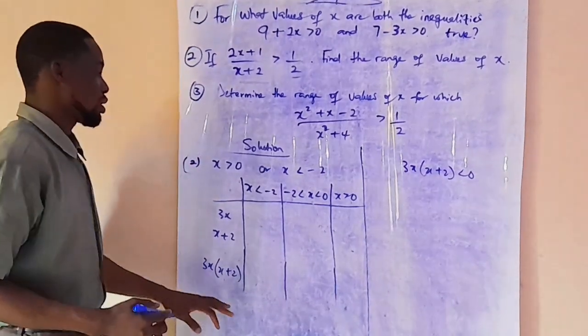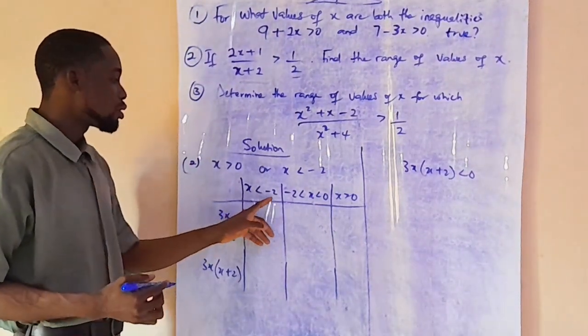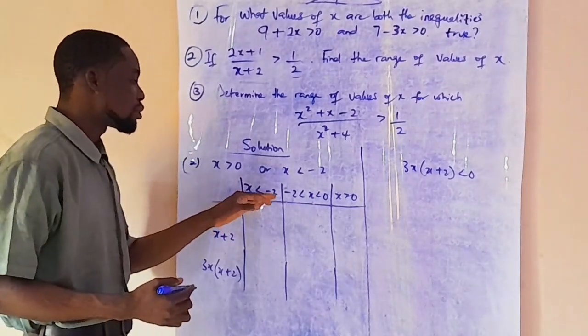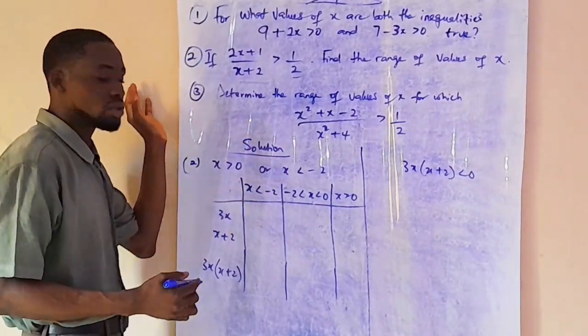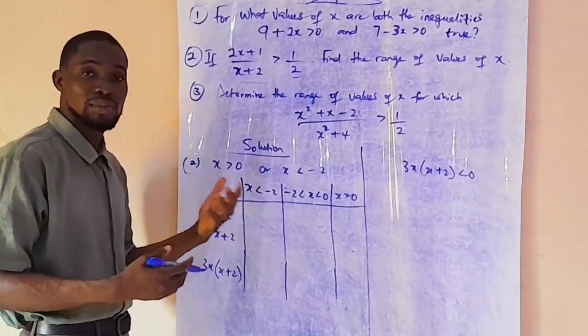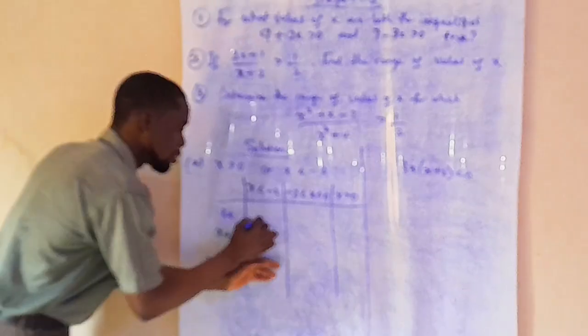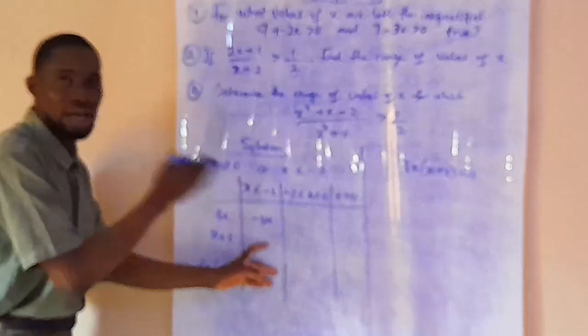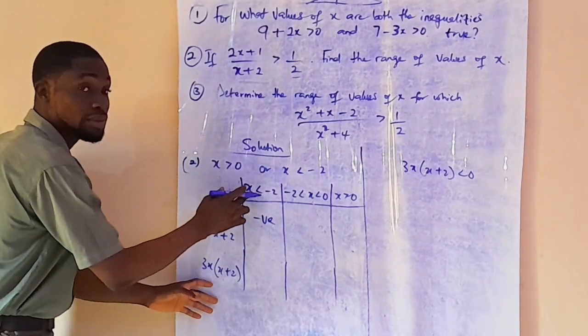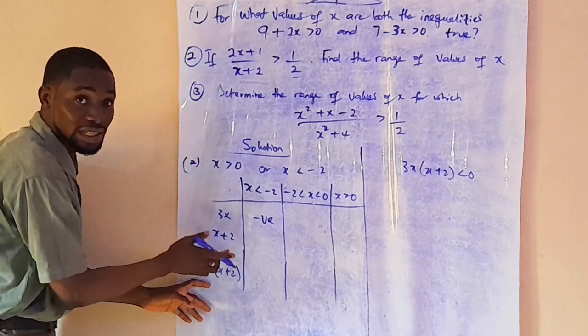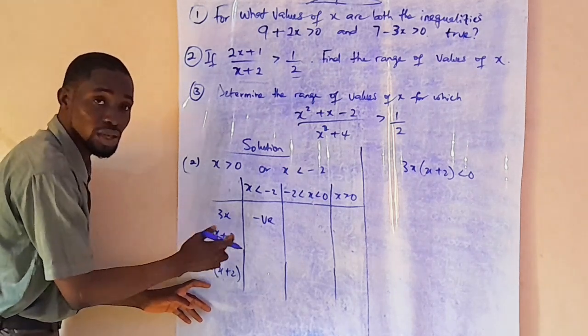At this point, when x is less than minus 2, it means x is starting from minus 3 backwards. So let's use the very first one that is less than minus 2, which is minus 3. So if my x is minus 3, this will be negative. Automatically. And if x is still minus 3, this will be negative, because minus 3 plus 2 is minus 1.